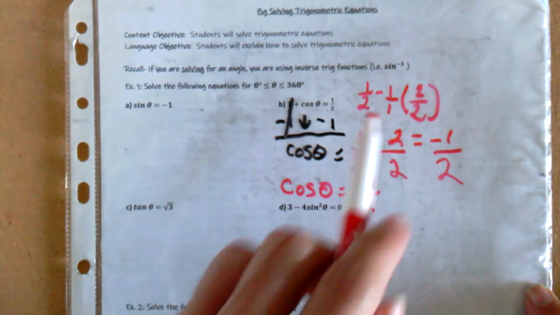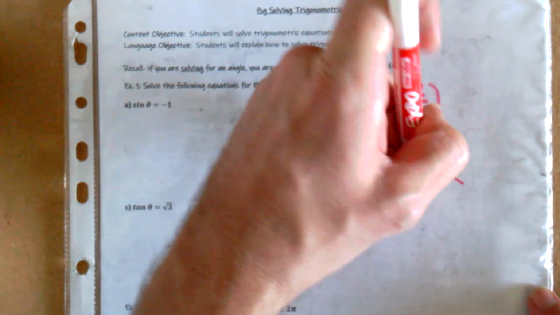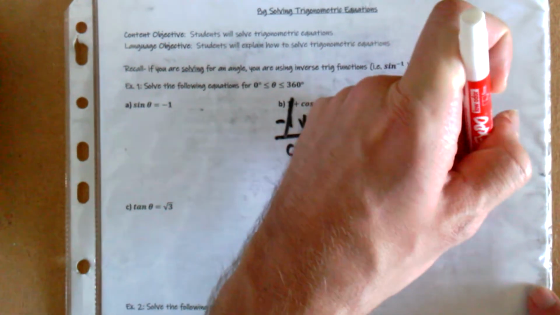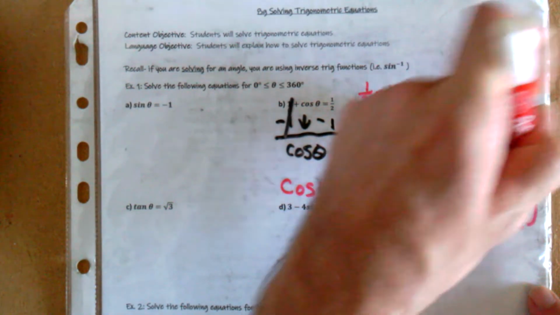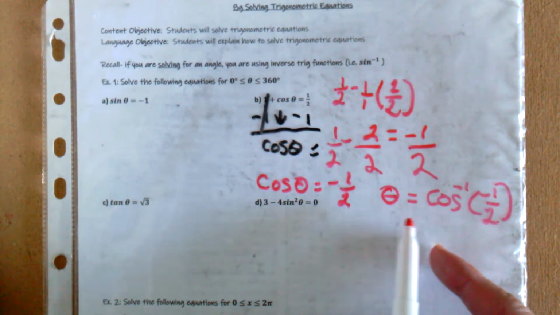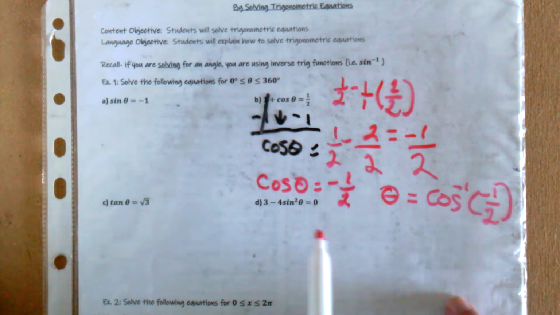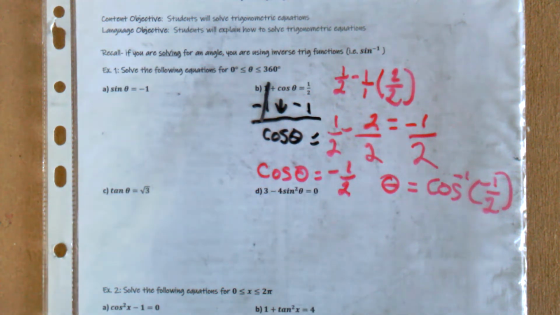And remember, if we were going to use the inverse notation, we could also write this as our angle by itself, theta, equals cosine inverse negative 1/2. This is the same thing as this. At what angle is cosine negative 1/2 at? Just different notation. Okay, so let's go ahead and look at the unit circle and figure out where our angle is negative 1/2.